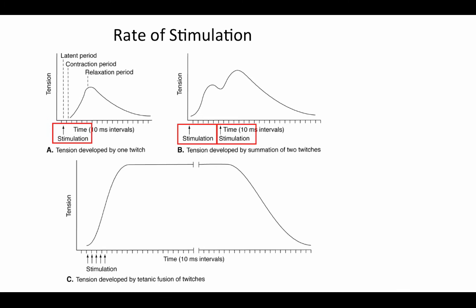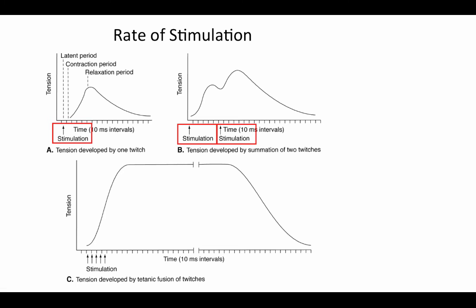If you continue to stimulate the muscle fiber without allowing it to relax at all, this is where you get the maximum amount of force, and these little humps will fuse together if you do it fast enough, and we call this tetanic fusion of twitches, so you get a maximal force with continued stimulation of that muscle fiber.